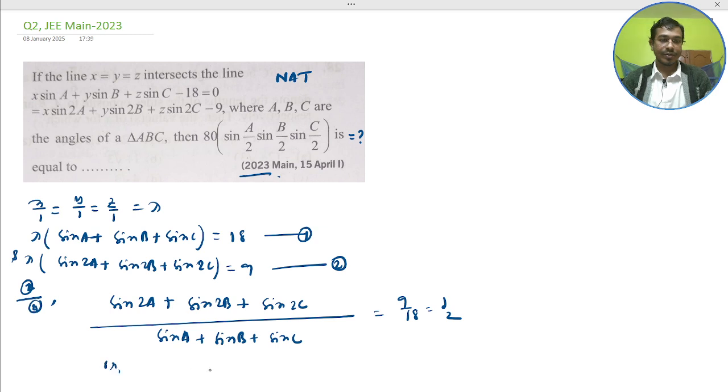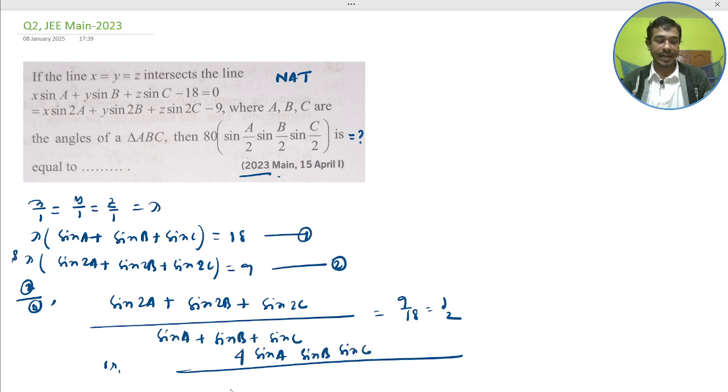Next we just apply the formula that 4 sin A sin B sin C, that is equal to 4 cos A by 2 cos B by 2 cos C by 2 equal to half.